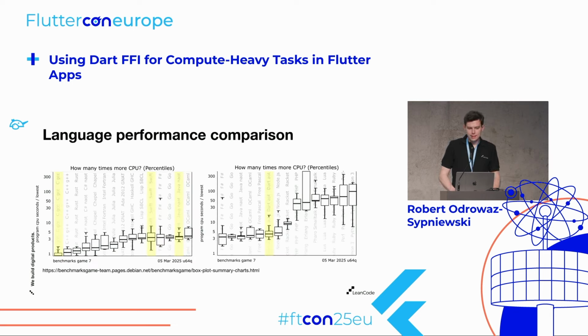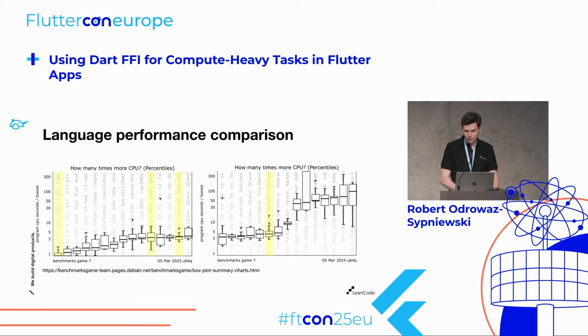Okay, so let's see how much we can theoretically gain from the migration to C. This is a graph that the Debian team is preparing, benchmarking different programming languages. It's sort of hard to read, but let's get through it. Dart is in two separate parts, and some parts are overlapping.